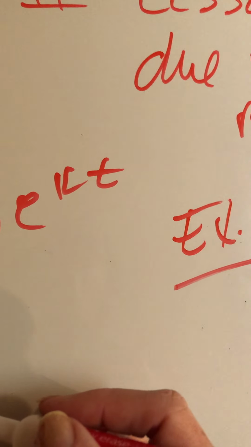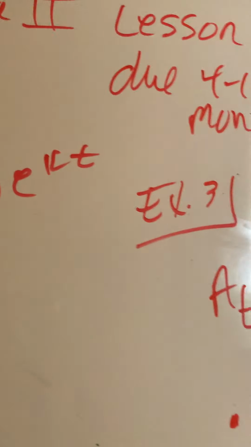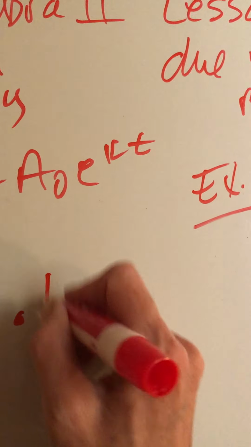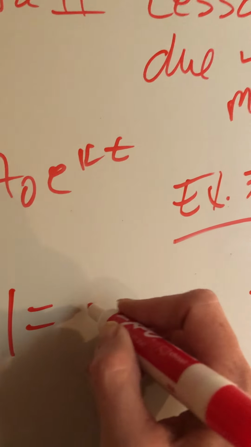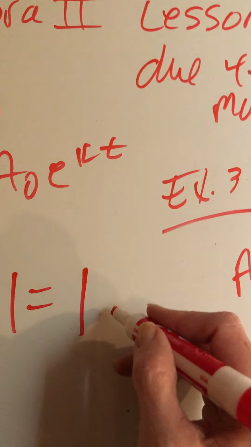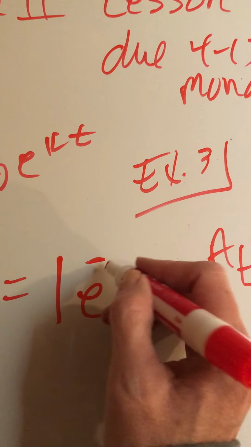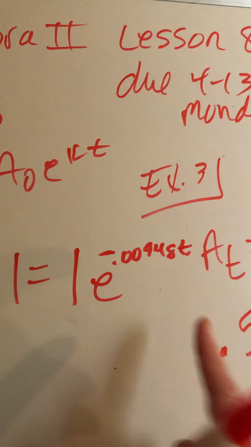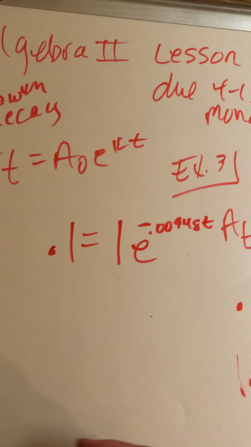We want to find how long it's going to take for 1 gram of thallium to decay to 0.1 grams. So our A(t) is 0.1 because that's what we want it to decay to. We're starting with 1 gram and we want time. So e, my k is negative 0.00948 and I want the time. So you solve for t just like we did k.